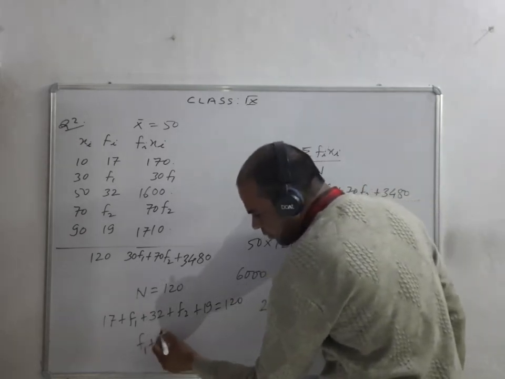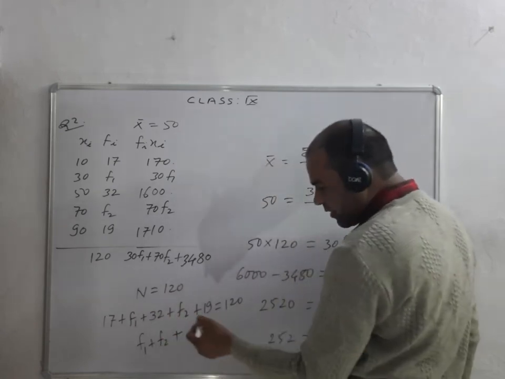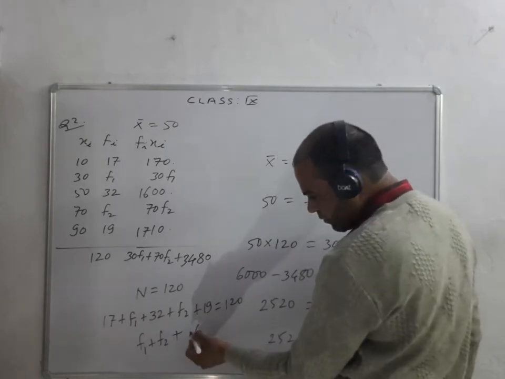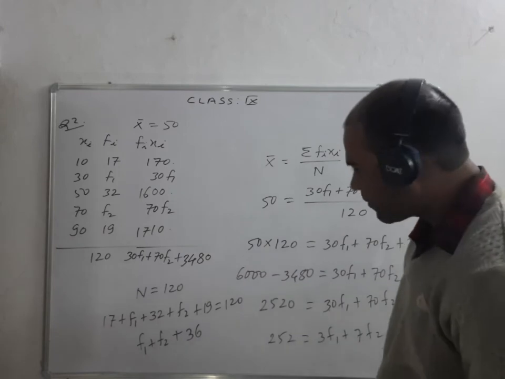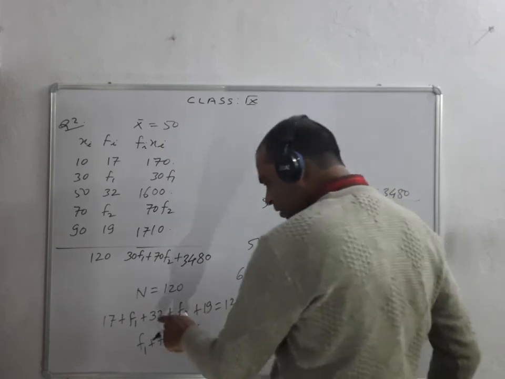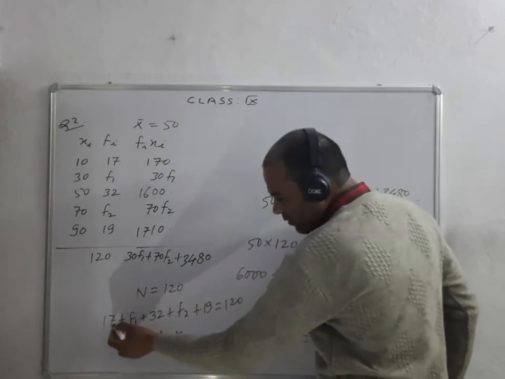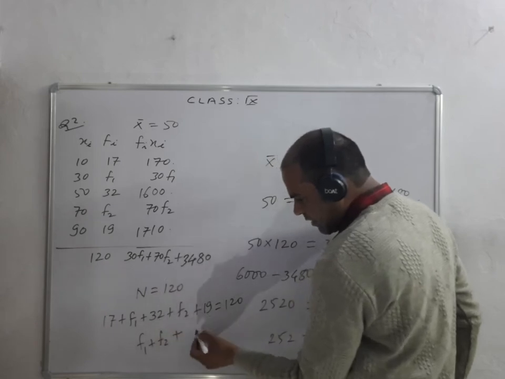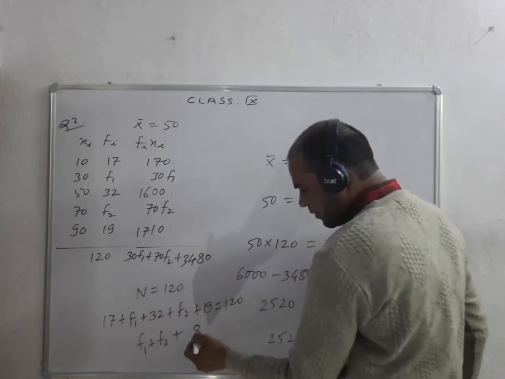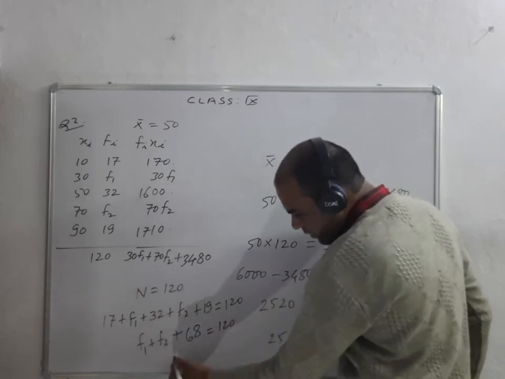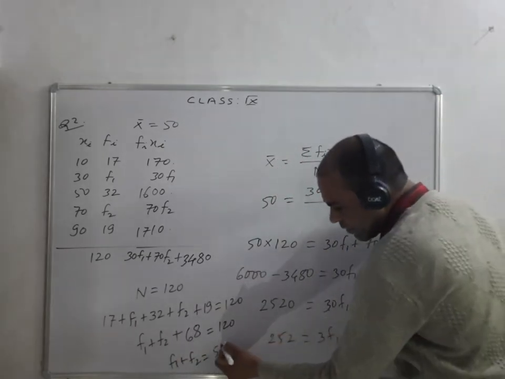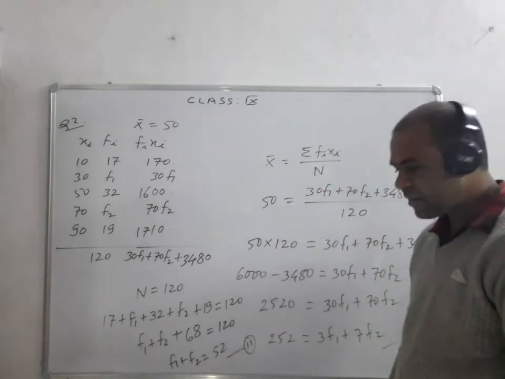So f1 plus f2, and take the sum of 17 and 19, which is 36, and 32 remaining. Its sum is 7 and 2 is 9, 9 and 9 is 18, 1 carry, 68. And f1 plus f2 equal to 120 minus 68, which is 52. We take this as equation second.